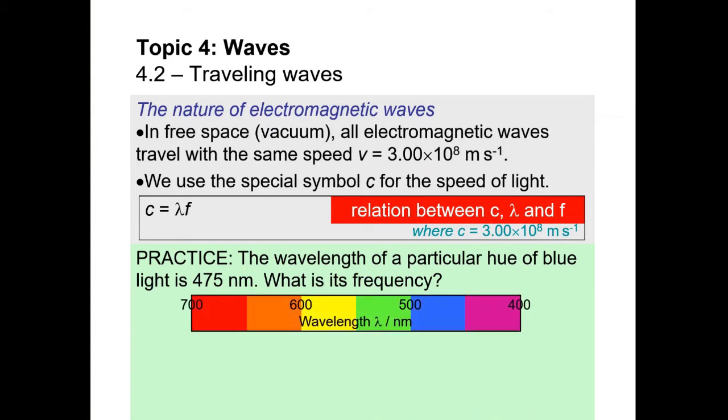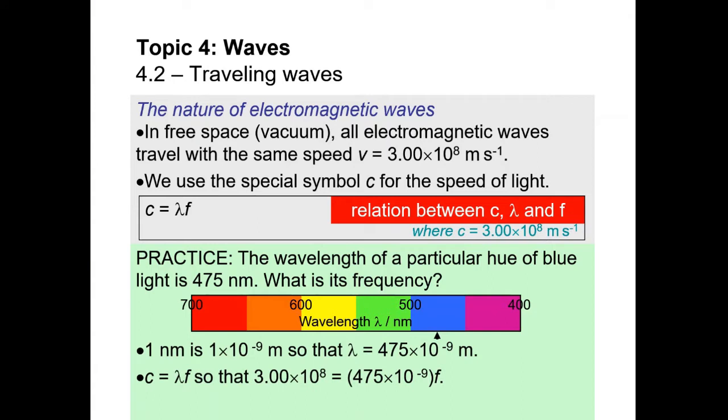The wavelength of a particular hue of blue light is 475 nanometers. What is its frequency? This is blue light, an electromagnetic wave, and its speed is the speed of light, which is 3 times 10 to the 8. One nanometer is 1 times 10 to the minus 9 meter, so lambda equals 475 times 10 to the minus 9 meter.